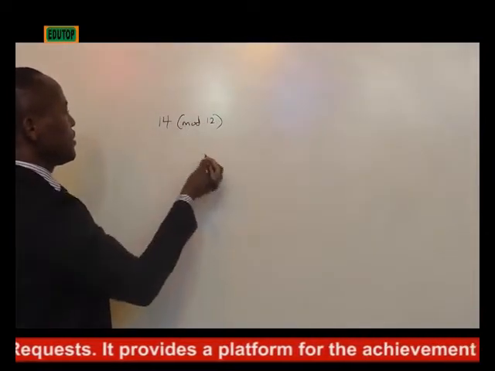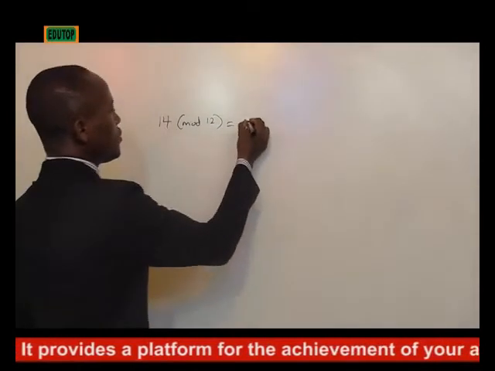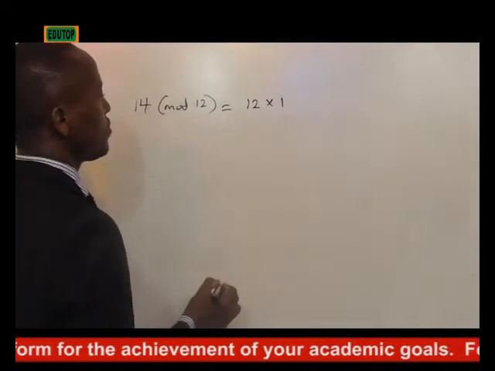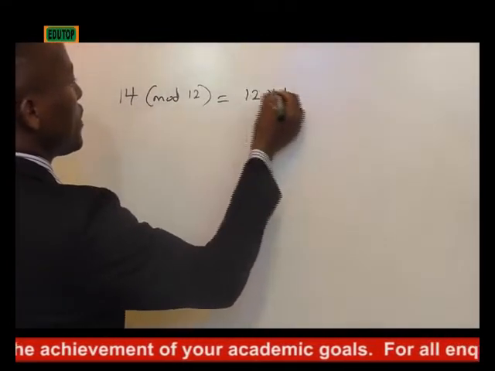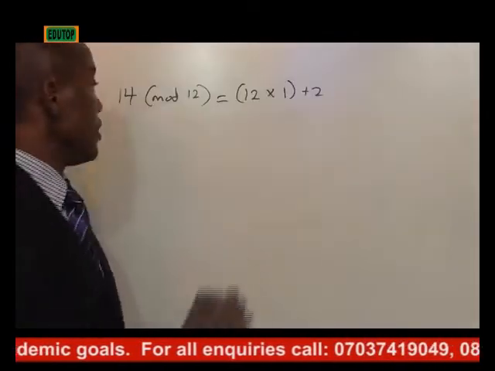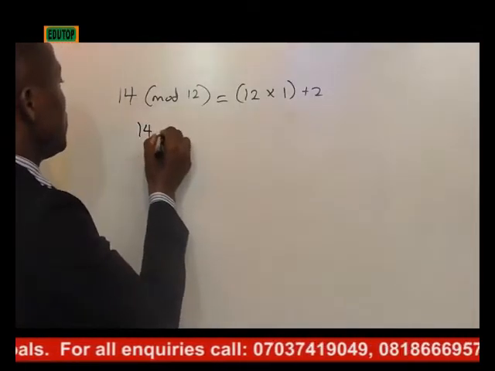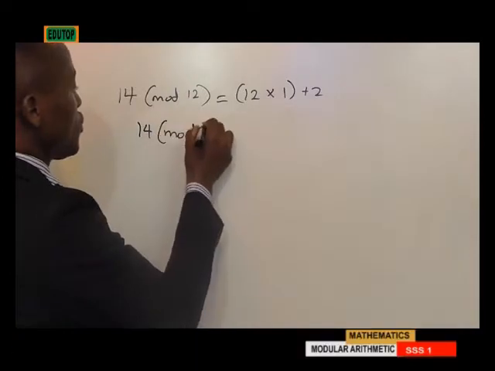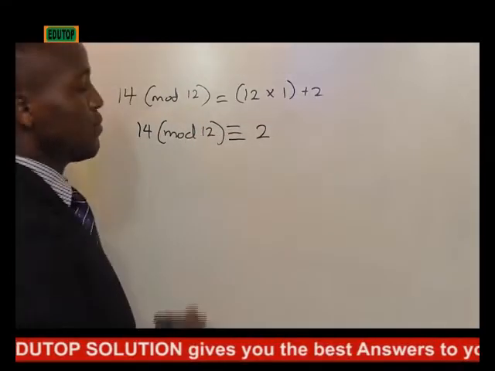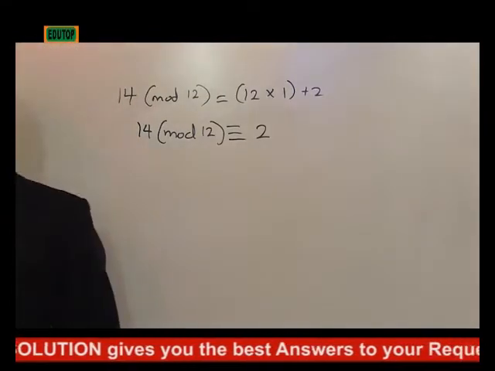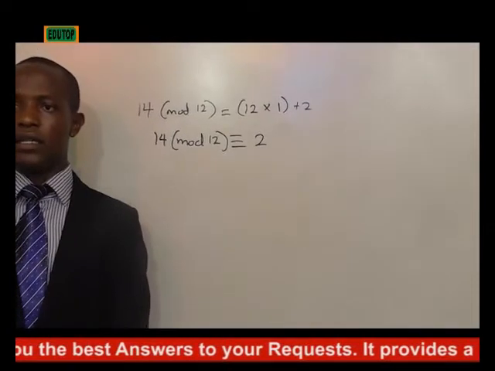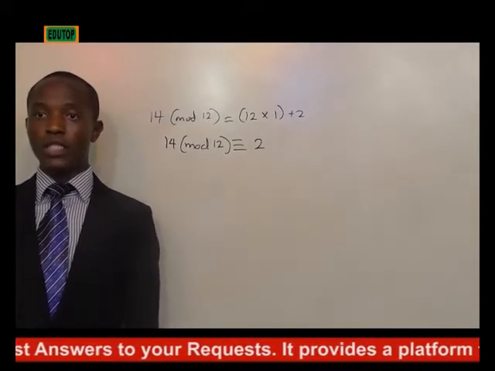And this 14 is the same thing as 12 times 1 plus 2. That is, our 14 modulo 12 is the same thing as 2. So I think of it as 2 hours and an AM or PM switch.